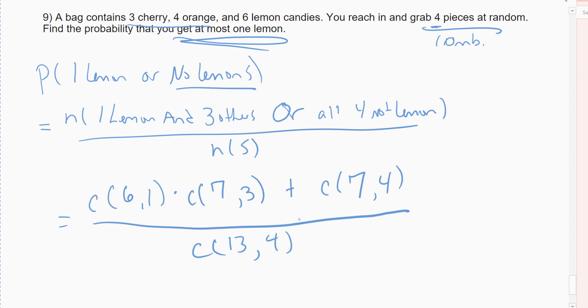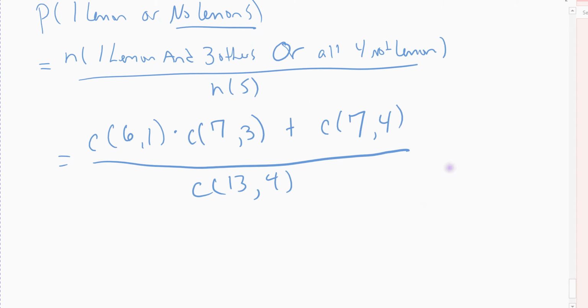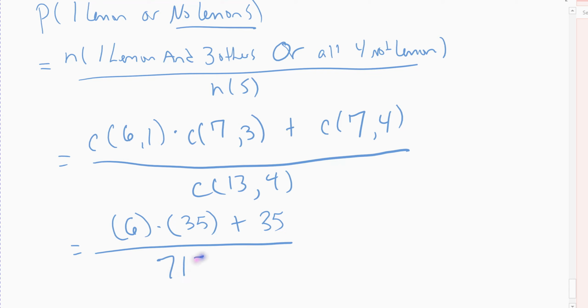So 13 choose 4. Alright, fill them out on your calculator. So up top, I'm going to have 6 choose 1, times 7 choose 3, which is 35, plus 7 choose 4, which is also 35. All over 13 choose 4, which is 715.